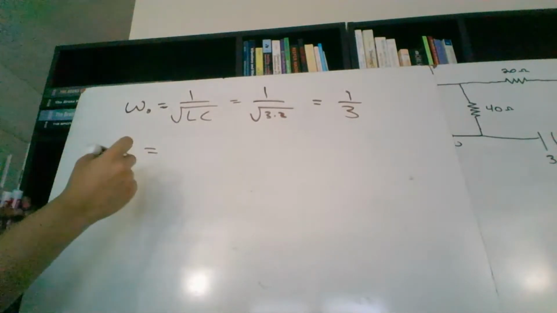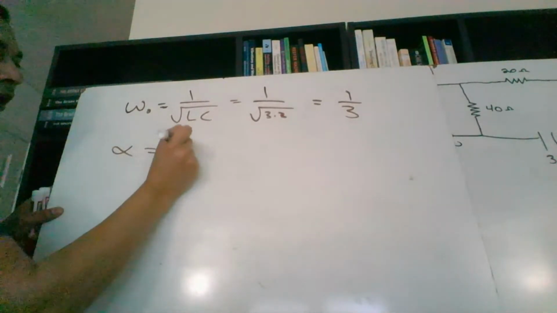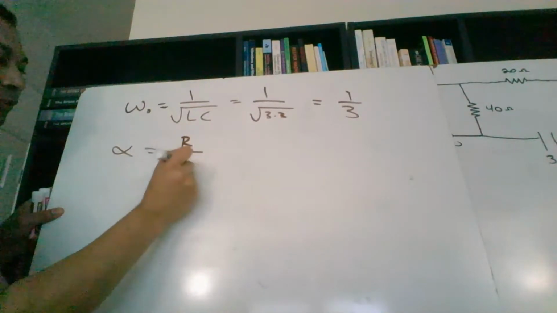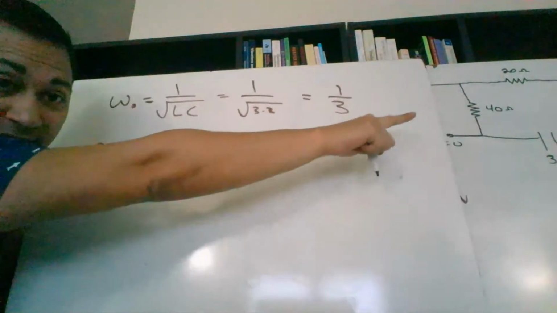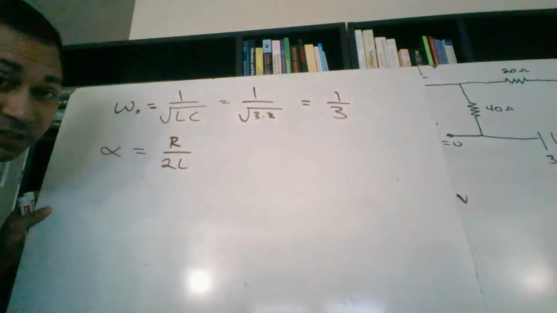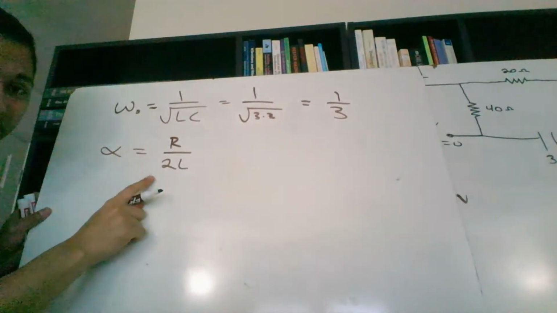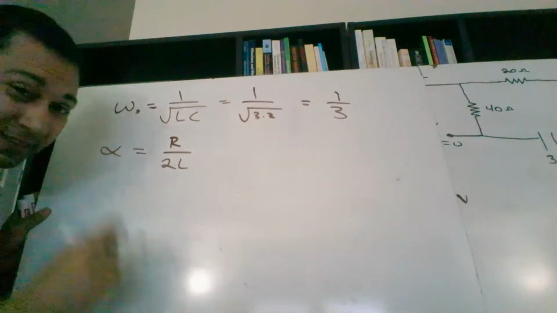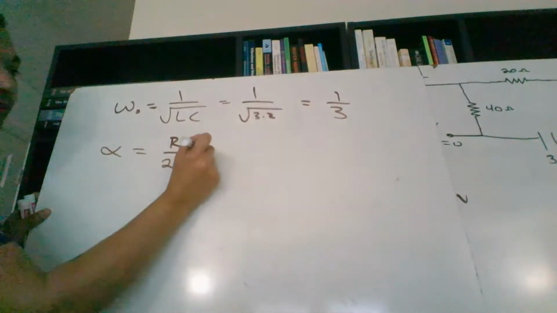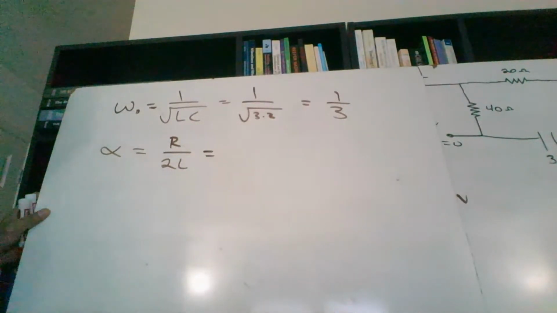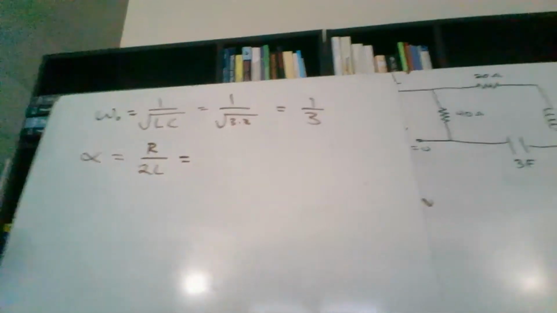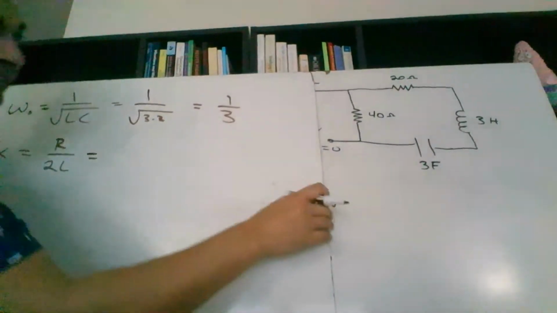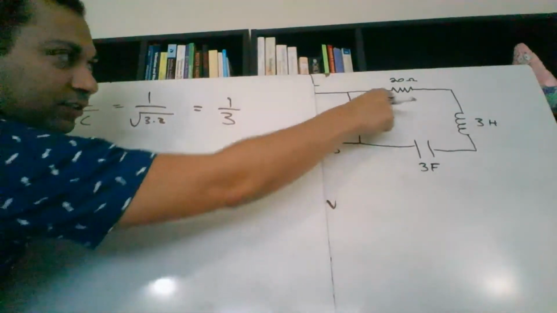Okay, so for alpha, it's going to be R divided by 2L. This is a series RLC circuit. So alpha is going to be different here. That was the one thing that we took away from yesterday. And so here, our resistance is this resistor and this resistor.